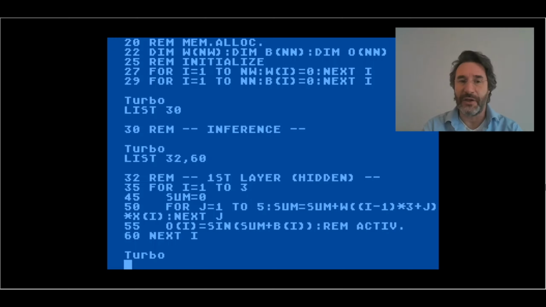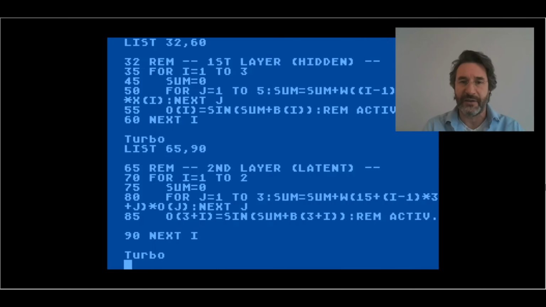Then on line 45 and on line 50 we compute the discriminant of that particular neuron. At the end, at line 55, we compute the output of the neuron. In this particular case, as you can see, we are using a very simple activation function, which is the sine function. So we can now proceed further, and we are going to analyze lines from 65 to 90.